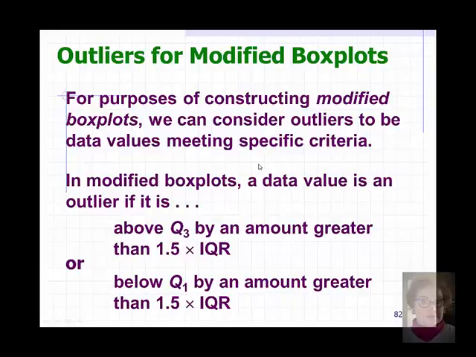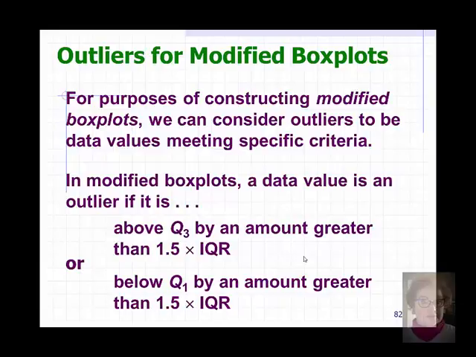Now, when we are doing box plots, we look at that interquartile range, and if we have a data value that's more than 1.5 times the interquartile range above quartile 3, or 1.5 times the interquartile range below quartile 1, we count those as outliers.